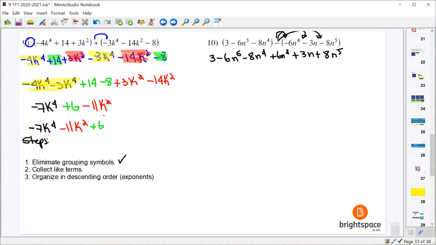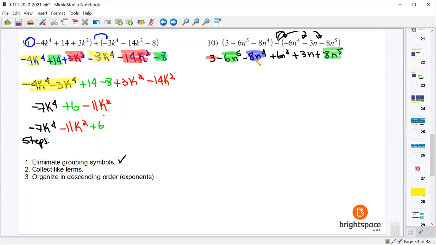And who can give me a hand, guys, of what terms are alike? I am going to have no variables. Any other with no variables? No. Okay, I am going to have to the 5th power. Any other with to the 5th power? Yes, the last one. Now, to the 4th power.